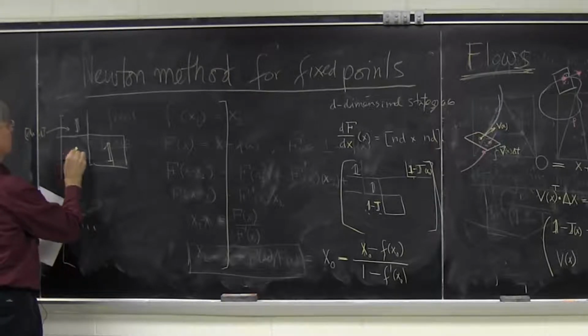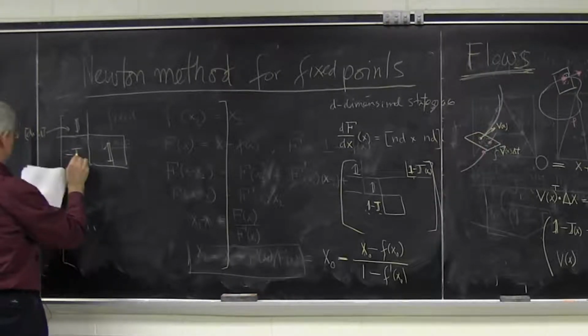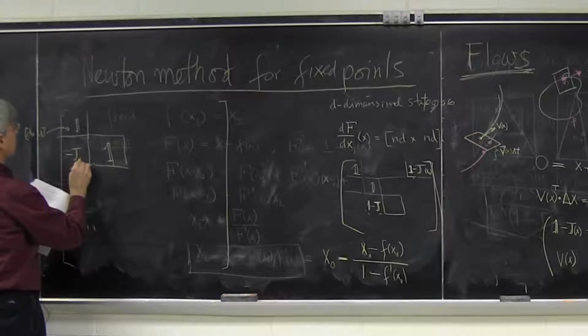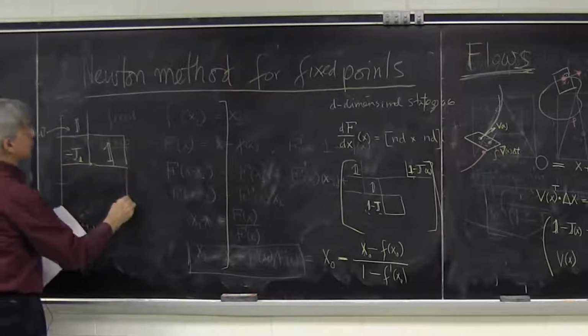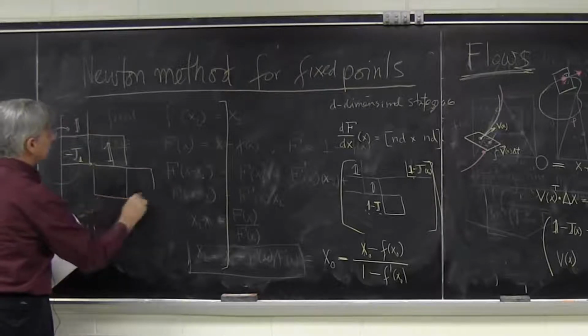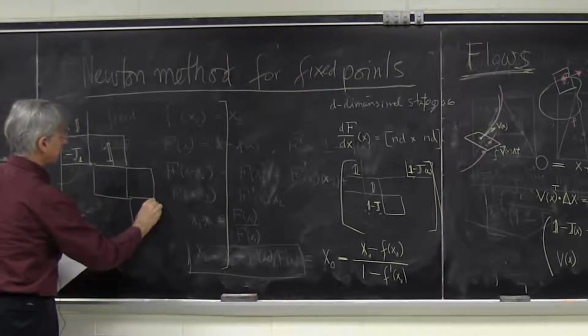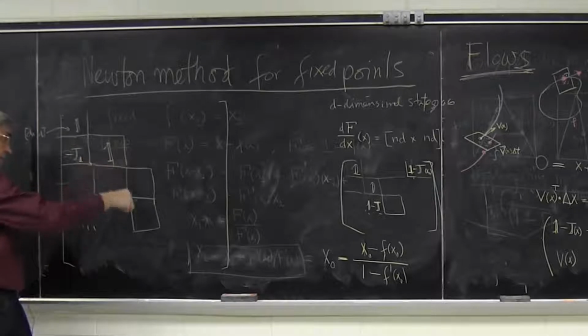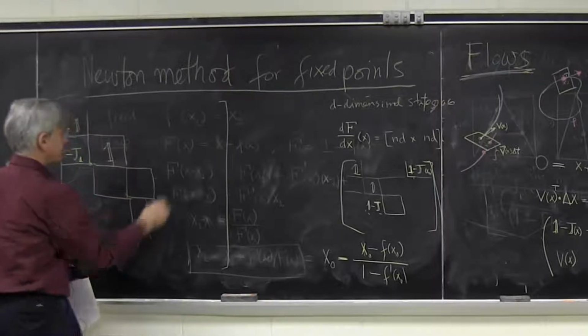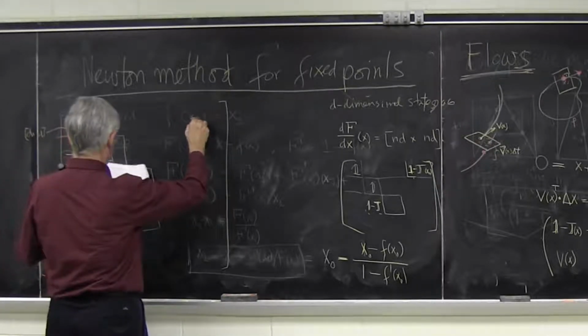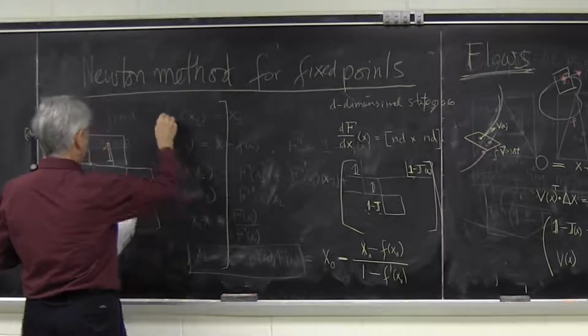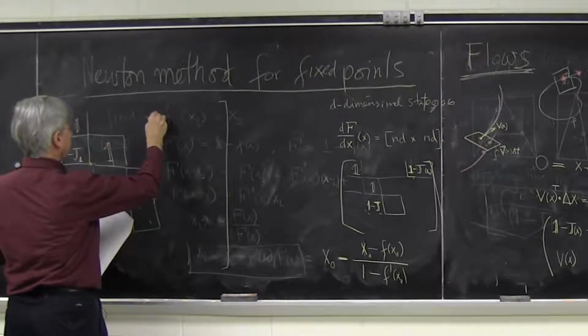So it's a minus Jn at the periodic point. And then it marches off as a banded matrix in which these blocks are d-dimensional go on, and because of periodicity, you get here a thing minus Jn.